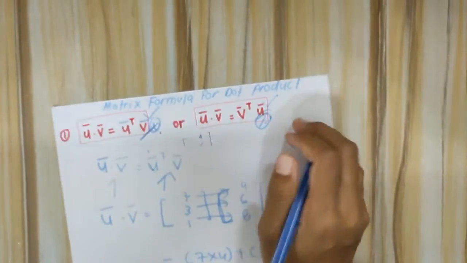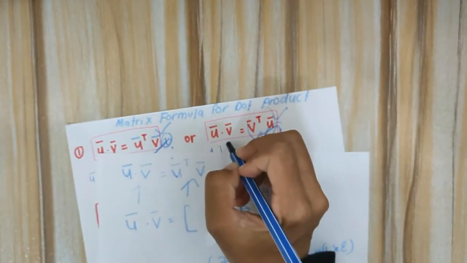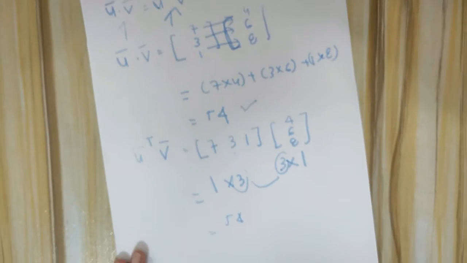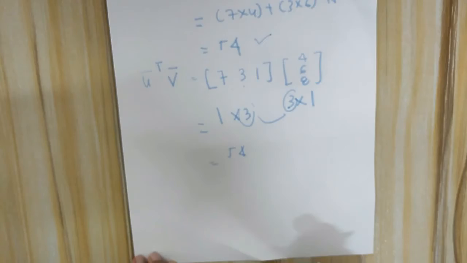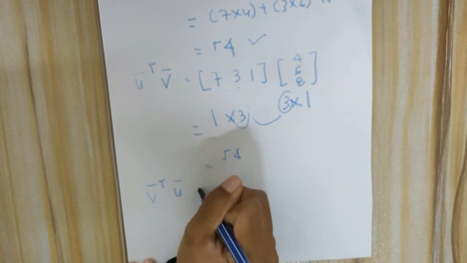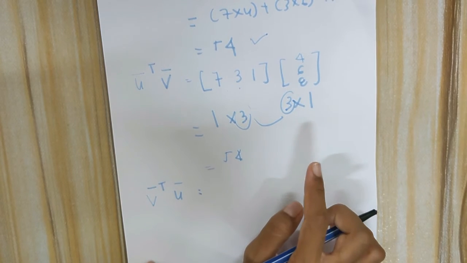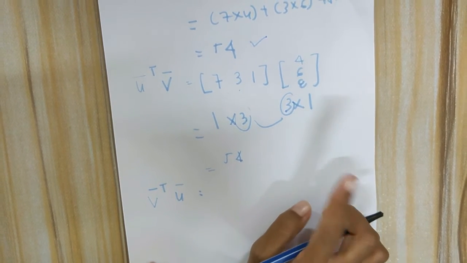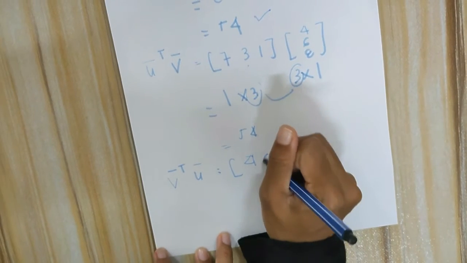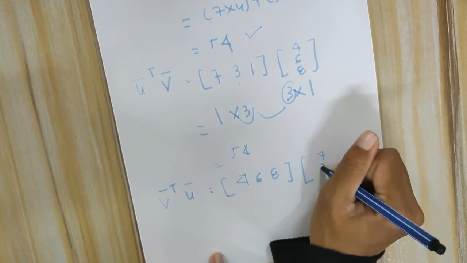Next I will do this formula, because this has been proved earlier. So we do the V bar transpose U bar. For V transpose, we need to transpose the V bar from column into row. So we say 4, 6, 8, then the U bar is 7, 3, 1.